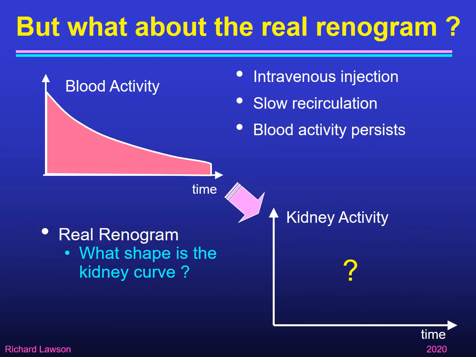But the real renogram follows off from an intravenous injection where we've got slow recirculation and the blood activity persists. So instead of having the nice bolus, we have this long persisting activity. So the question is, what would the real renogram look like in response to that?